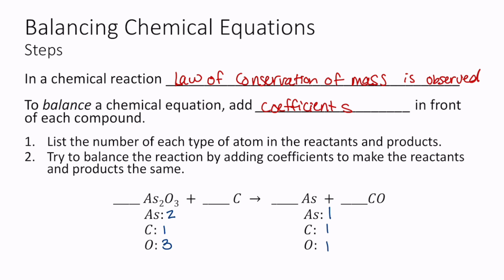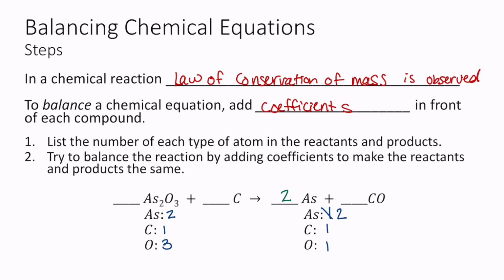So I can add a coefficient of 2 to the A in the products. Now, when I do that, notice that it changes my count to 2. Now my As are balanced.